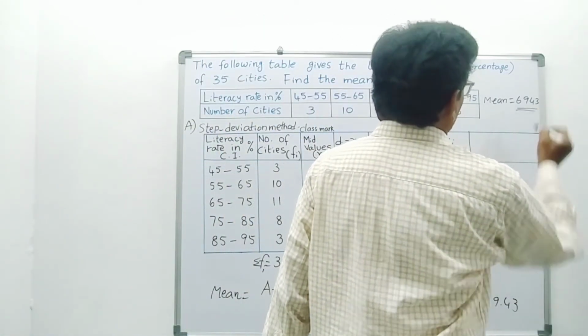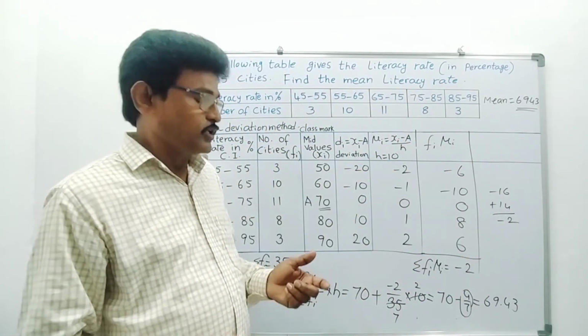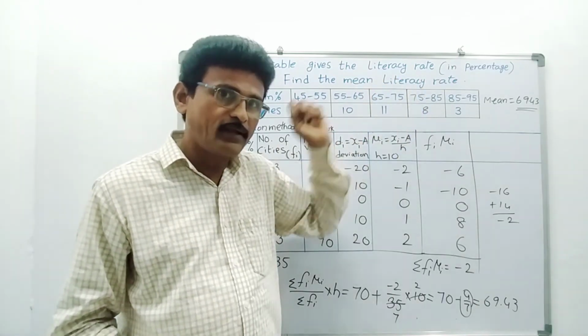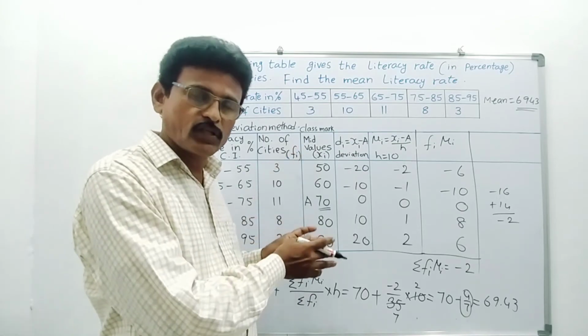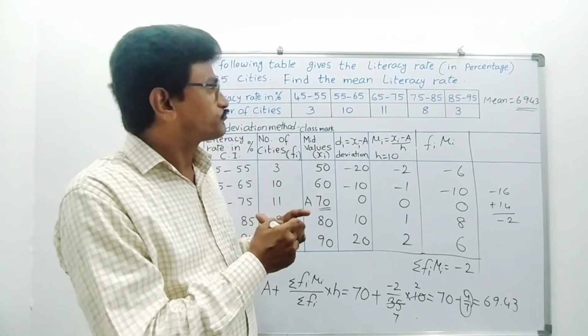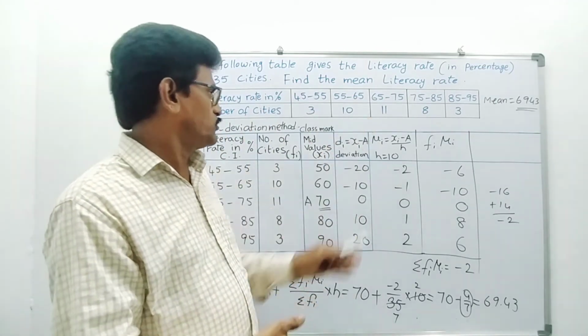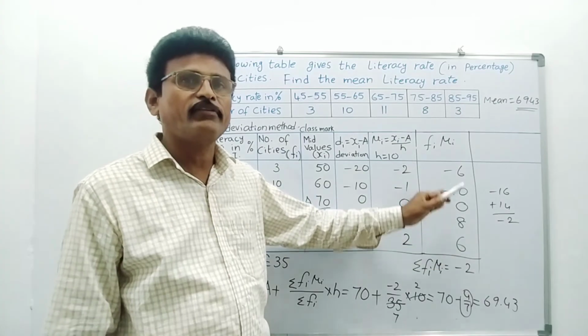So the mean in 3 methods we are getting is the same value. If they have not mentioned any particular method, students, you follow the direct method. It is very simple. And intelligent students can proceed for bigger values with this step deviation method, because here the calculation is very simple.